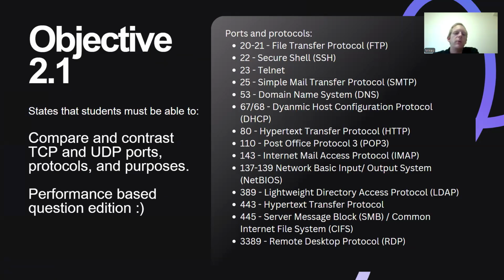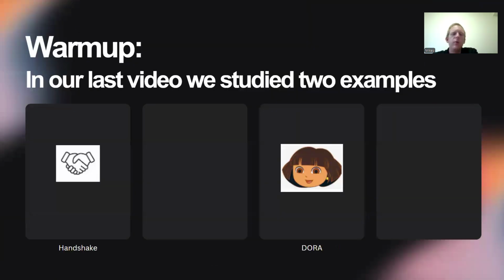Specifically, you need to know what TCP and UDP are and the different kinds of uses they have. I had some visuals last time. Do you remember we had a handshake and we had a DORA? What is the handshake? What is DORA? Which one is TCP? Which one is UDP? What does that mean exactly? Hopefully you know the answer.